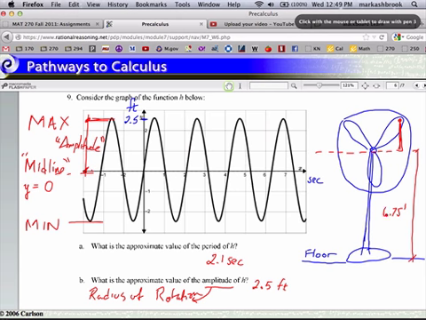This is a big fan in a warehouse, with 2.5 foot blades. It's up high. So the center of the fan is 6.75 feet above the ground. Now I want you to write a function that gives the vertical distance of the point above the ground as a function of seconds.